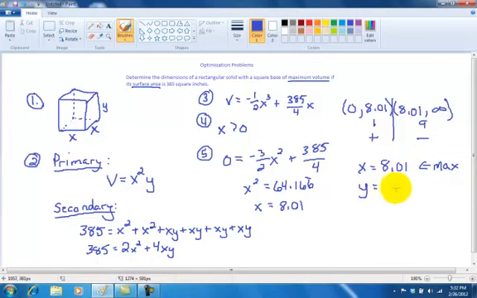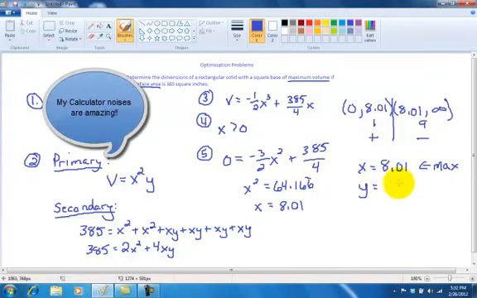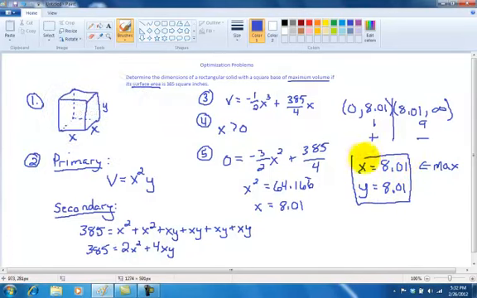When you do this, do a little bit of calculations, and you get 8.01. Right? Our dimensions that will maximize the volume with a surface area of 385 is 8.01 and 8.01. Alright? That would be how you do the optimization problem dealing with solids, volume, surface areas, and all that good stuff.